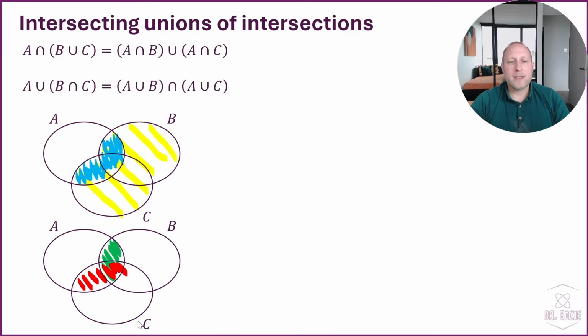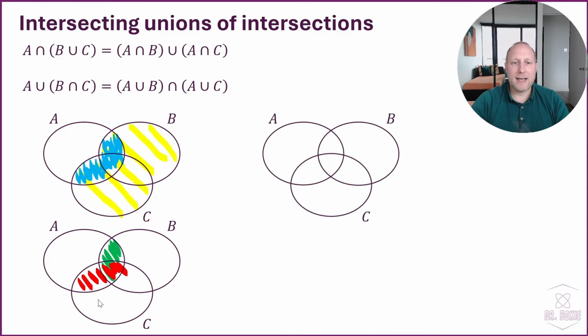Similarly, there's another De Morgan law which says that the union of A with the intersection of B and C is the same as the intersection of A union B with A union C. And again, we can prove it visually.